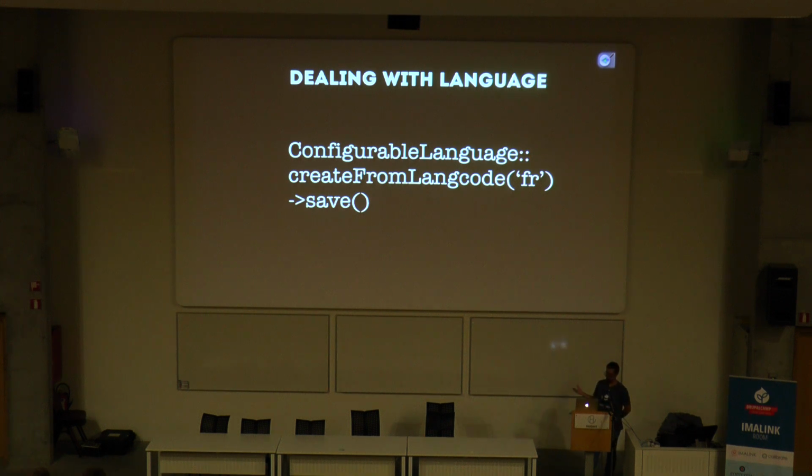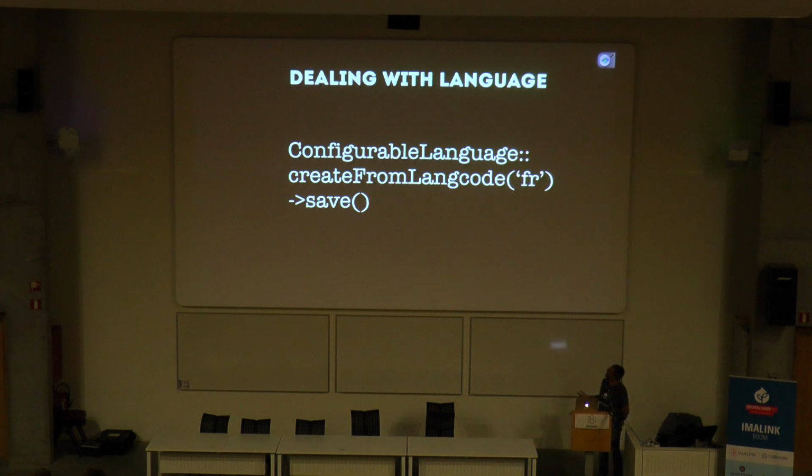And if this langcode is one of the standard language langcodes, it will get the name of your language and the native name of your language from there. But you can also define your own language if you use the ConfigurableLanguage constructor. You can just call it and pass the language you want to use in case you want to maybe have different locales or something.